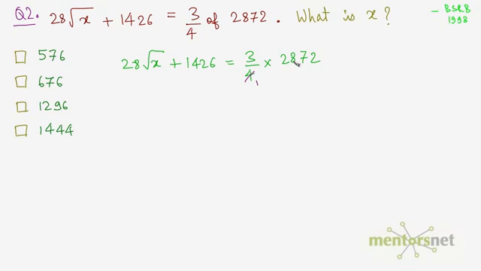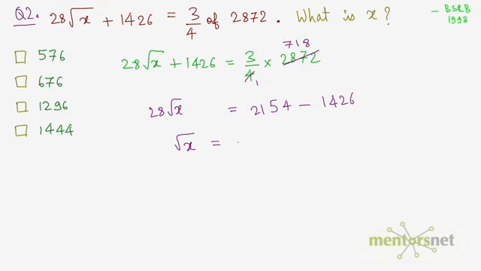So 4 times 1 is 4, 4 times 7 is 28, 4 times 1 is 4, 4 times 8 is 32. 3 times 718 is equal to 2154. On the left hand side you have 28 root x. Let us move this 1426 to the right hand side of equals to, so it becomes minus 1426. Therefore root x is equal to 2154 minus 1426.